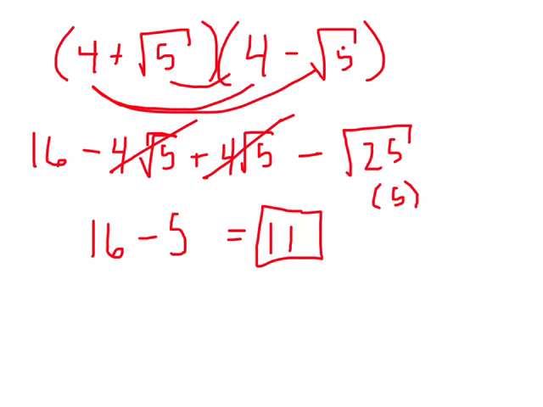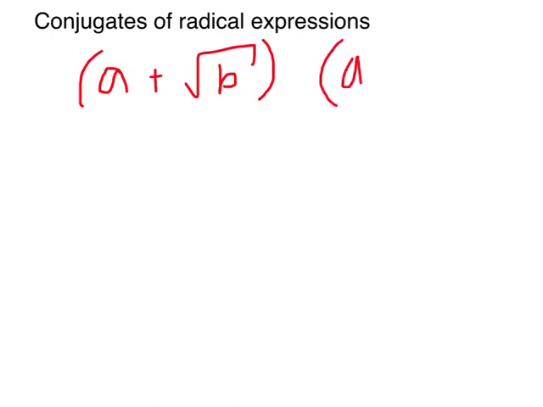Notice that these two factors are pretty much the same, they're just opposite signs. Those are called conjugates of each other. And whenever you multiply conjugates of radical numbers, the square roots will go away. If I have a plus the square root of b, and I want to find the conjugate of that, you just have the same numbers but opposite signs.